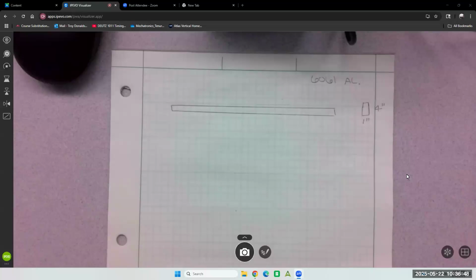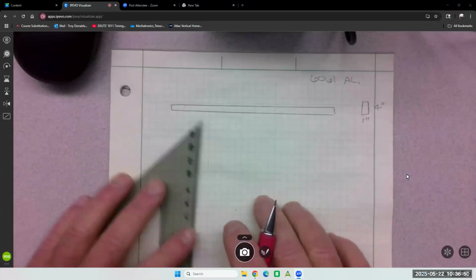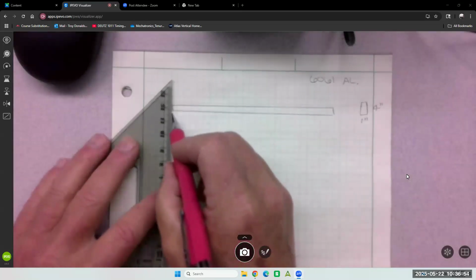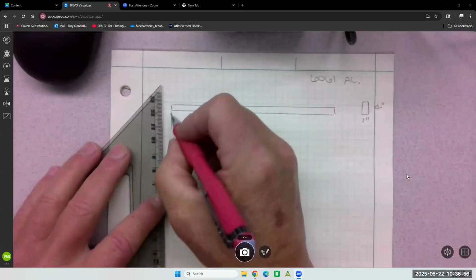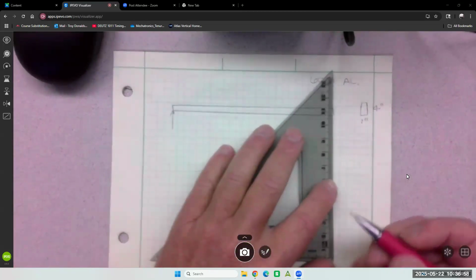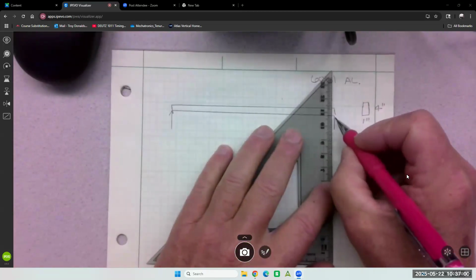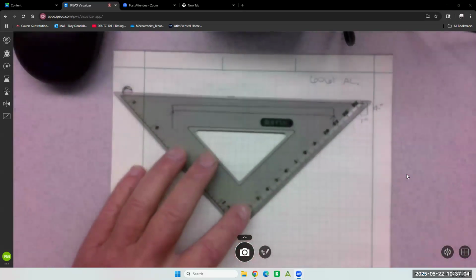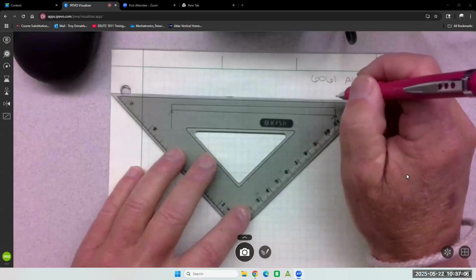We're going to support it at the ends. Be a simple one. We'll put a distribution on it.